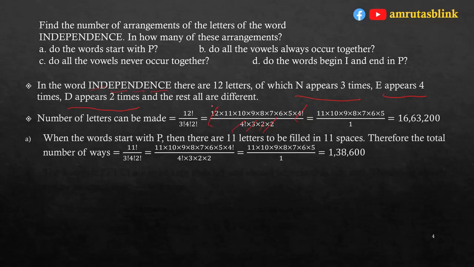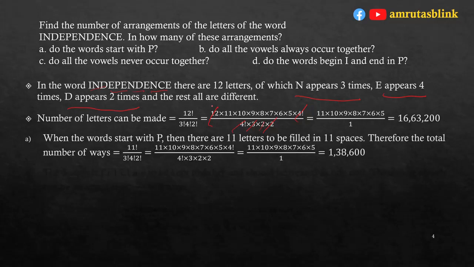So the total number of such words which start with P will be equal to 11 factorial upon 3 factorial into 4 factorial into 2 factorial. 3 factorial for N which has appeared 3 times, 4 factorial for E which has appeared 4 times, and 2 factorial is for D which has appeared 2 times.